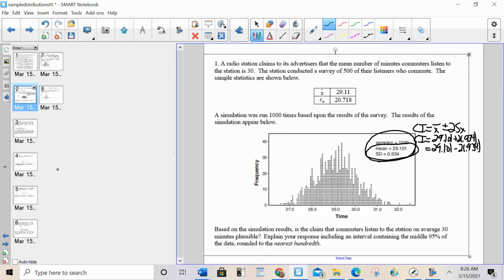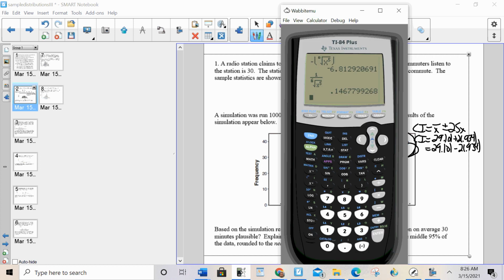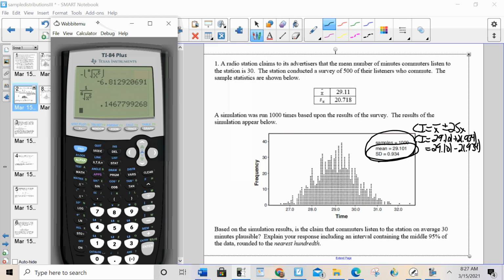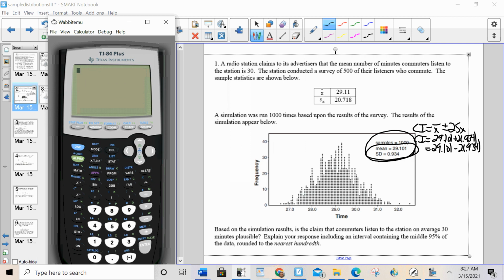So let's pull up my calculator and find out what those are going to be. And we've got 29.101 plus 2 times 0.934, and then we've got the minus of that.